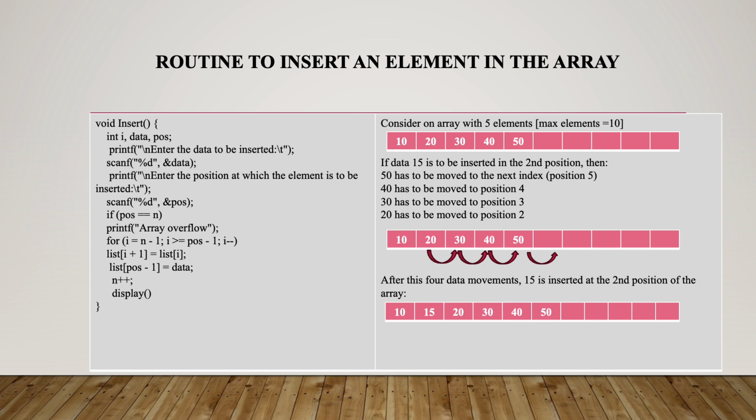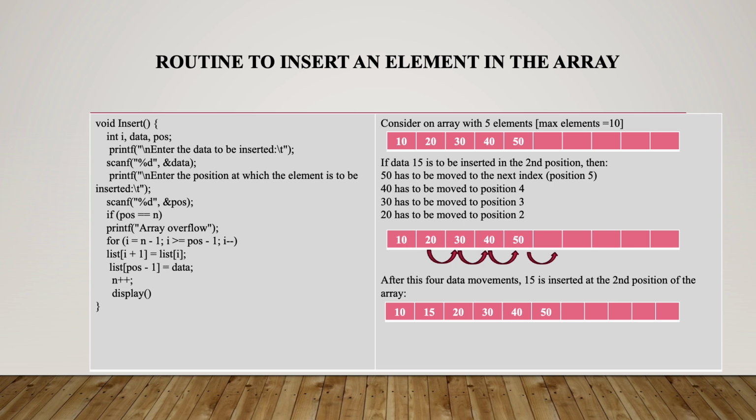Otherwise it needs to make space for the new element. To do this it uses a for loop that starts from the end of the current list and moves backwards toward the position where the new element should go. In each step of the loop, it shifts the existing element one place to the right.